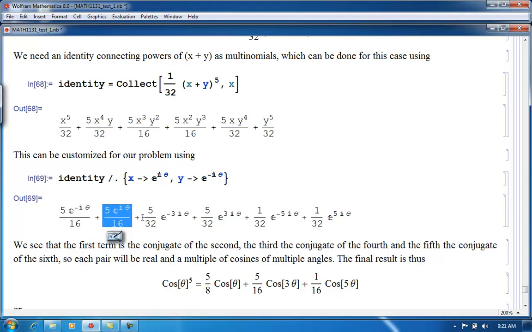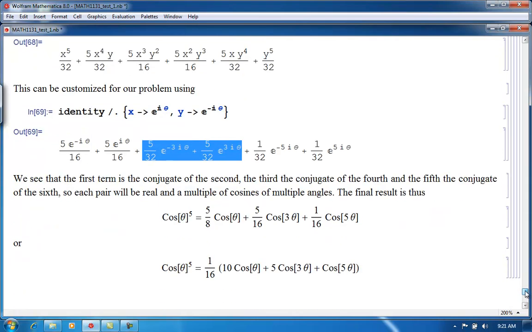Now we go to this one here. We see that this term and this one are conjugates, so this will be just 5/16 times the cosine of 3 theta, and then this one here will be just 1/16 times the cosine of 5 theta.